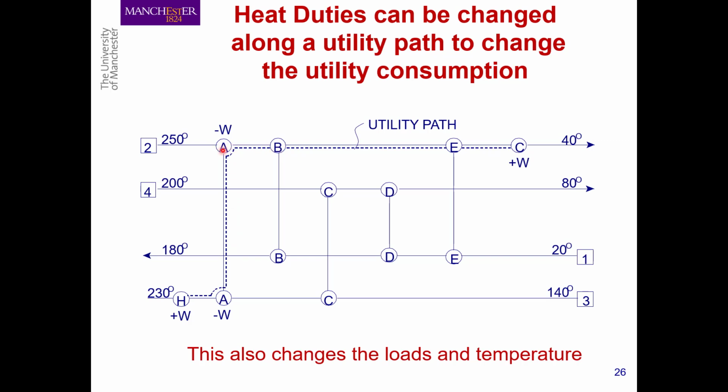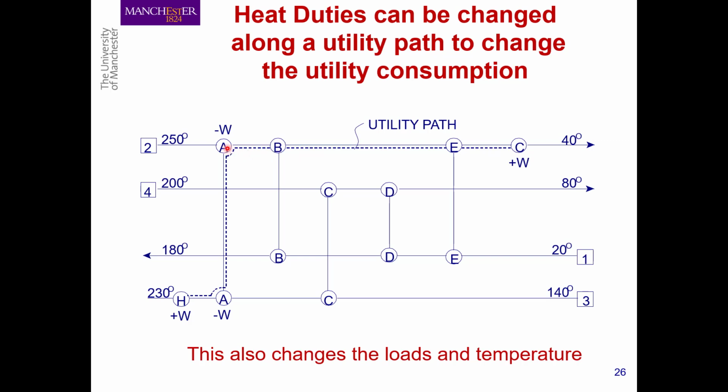And by doing that, we can actually play with the area of these heat exchangers. Okay, so for example, if we are shifting some duty from exchanger A to exchanger B, because we have exchanged the duties, we can have different areas now.